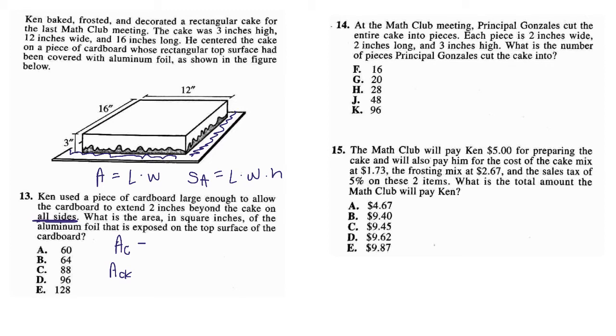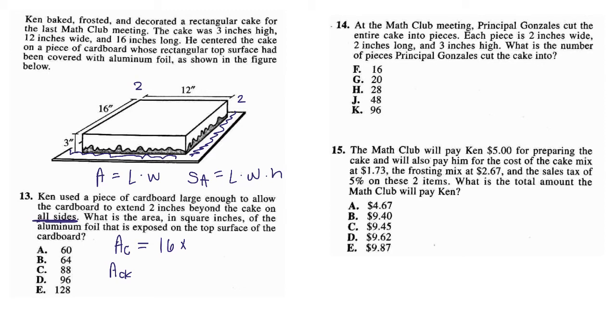So the area of the cardboard, remember it's extended 2 on each side. So let's see, if we extend 2 on each side, what is that going to give us for the cardboard? Well, we have 12, and then we have to add 2 and add 2 for that corner, so that's going to give us 14, 15, 16, and then times, and then the other direction we have 16, right?